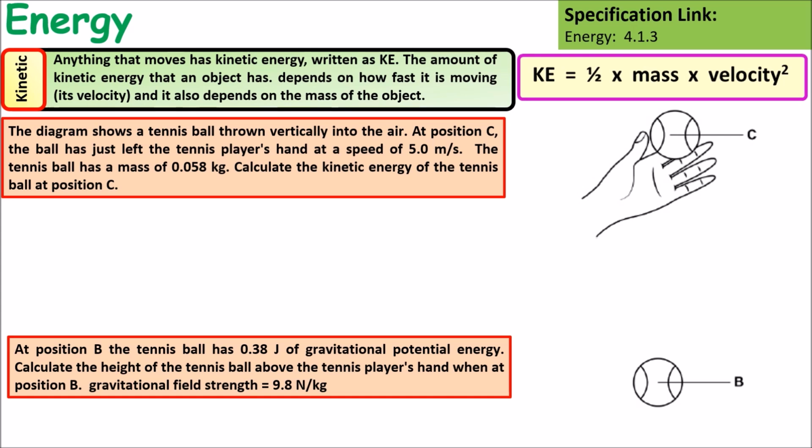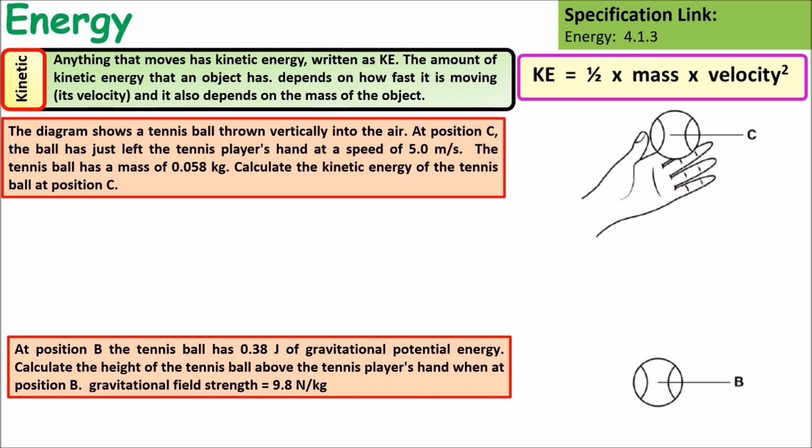If we look at this question, the diagram shows a tennis ball that is thrown vertically through the air. At position C, the tennis ball has just left the player's hand at a speed of 5 meters per second. The tennis ball has a mass of 0.058 kilograms. Calculate the kinetic energy. So the equation is above.